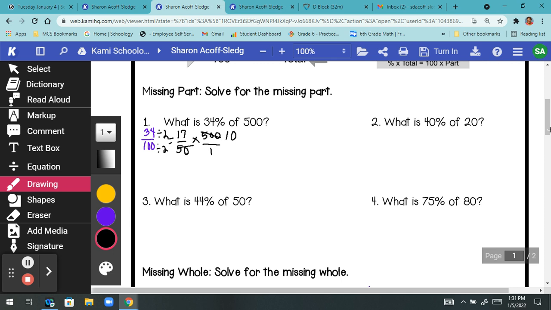Okay, 500 divided by 50 is 10, and then 17 times 10, that just means add a 0 at the end of 17. This one, 5 divided by 5 is 1, and then I get rid of one of my zeros. When you're dealing with zeros, what is it, too small?